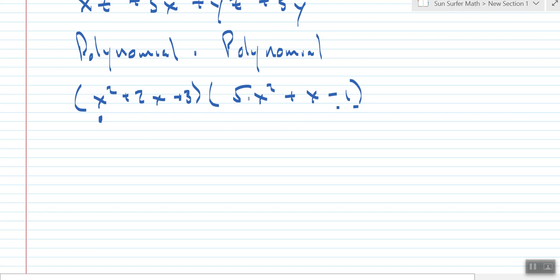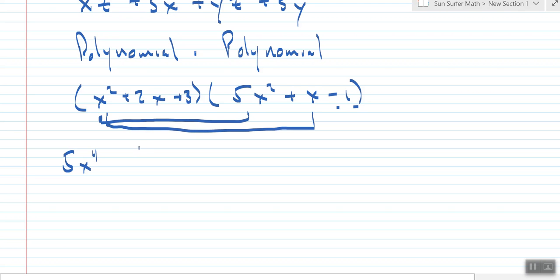So x squared times 5x squared, we would get 5x to the fourth. That's this times this. This is going to get kind of messy if I'm not careful. Then the x squared times the second term is going to be x squared times x, or x cubed. And then the x squared times the minus 1 is minus x squared.